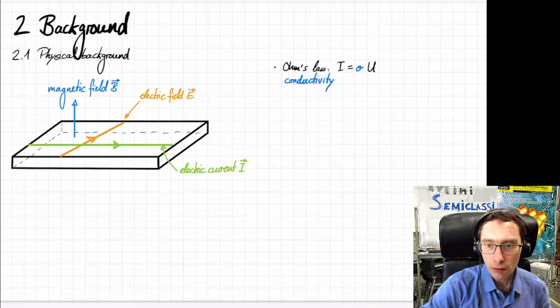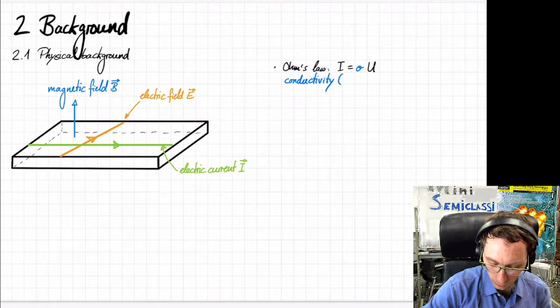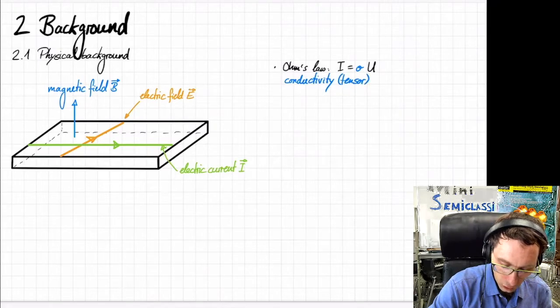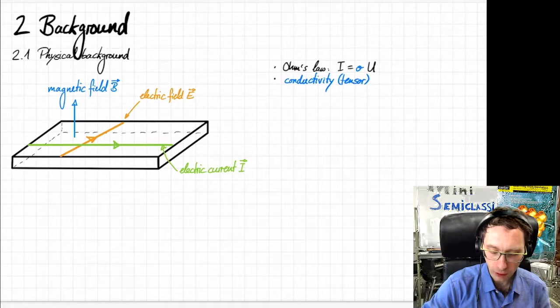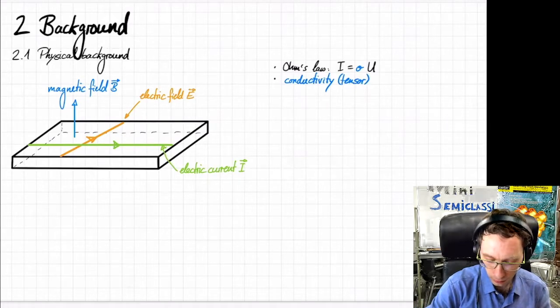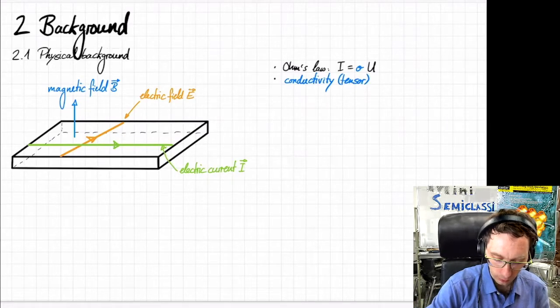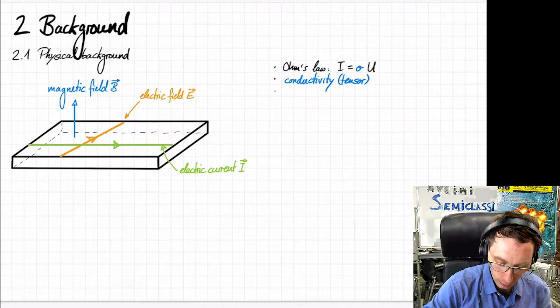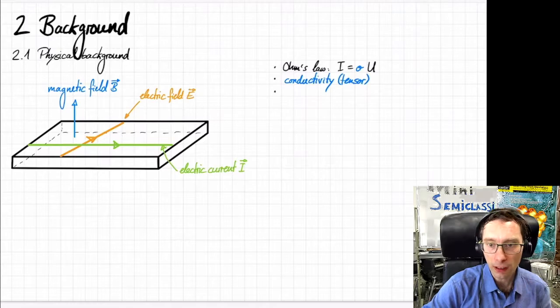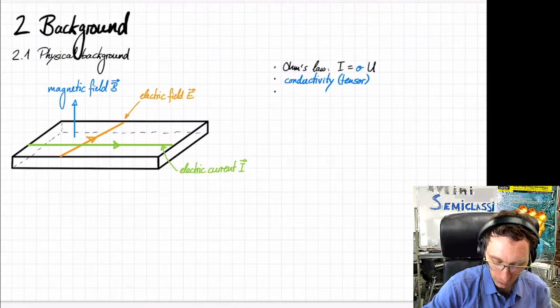And in general, this is a tensor. So here, in the simplest case, it's just proportional to the identity, but it is, in general, a tensor. And then the distinction between metal and insulator is simply as follows.